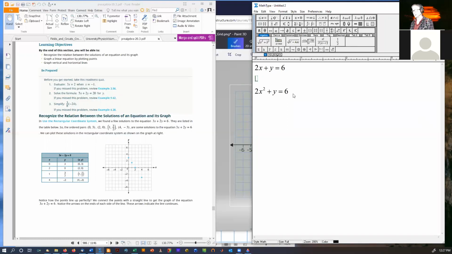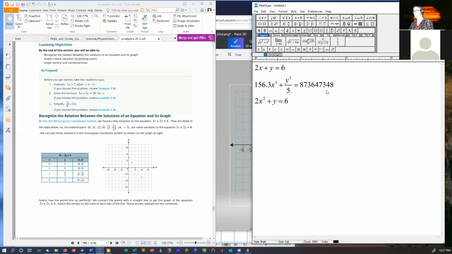So 153, 6.2x plus y over 5 is equal to 87. That's a line. That will be a straight line, because the exponent here is both 1. So we could write this as exponent 1.